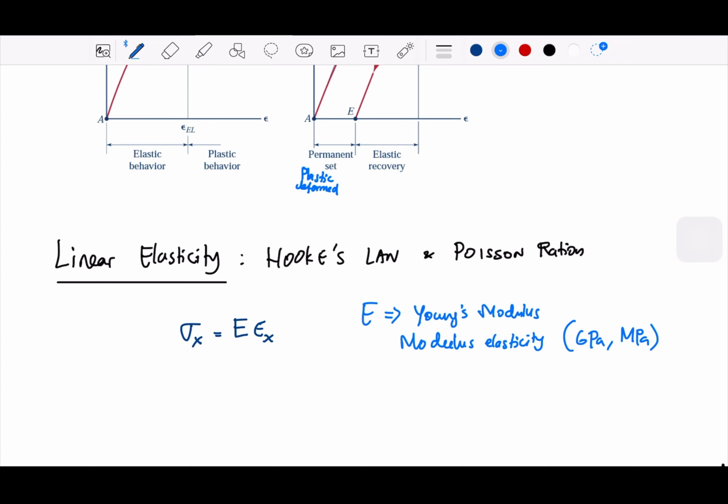And for Hooke's law to be applied, we need to restrain the sigma, or the stress. This is before the plastic, okay, before the yield.